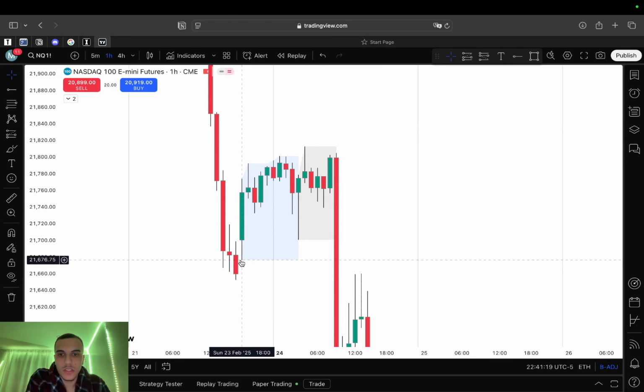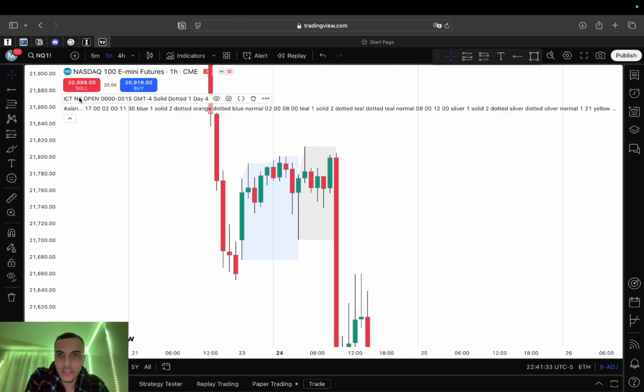Indicators, you just need the Asia session and London session, open to close, and those are new days. So Monday, as you can see down there, Tuesday, and yeah. The indicators I'm using are there, but honestly you can just place them yourself, but it's easier like that.